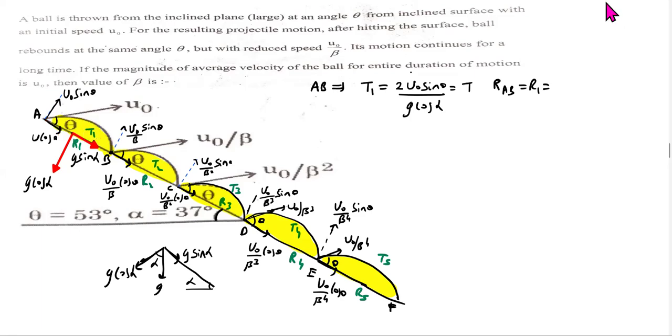The range from A to B depends upon U cos theta, G sin alpha, and time of flight. Using S equal to UT plus half AT square formula, velocity along the incline U cos theta, time of flight T1 plus G sin alpha T1 square. So this will become R1 equal to U cos theta, 2 U naught sin theta by G cos alpha.